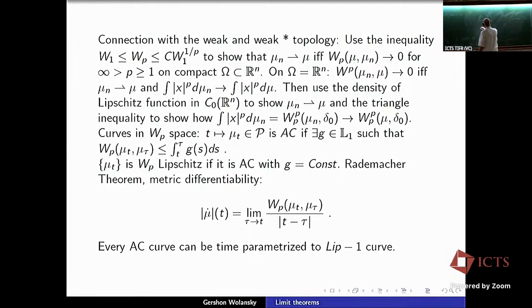Suppose that the density is constant all the time. Maybe something is moving, but we don't see it because the density is constant. So we'll say, well, if we don't know anything else, velocity is 0. But suppose it's not precisely constant, there is some small ripple here, and this small ripple moves with velocity v. What will be the velocity of this distribution? Will it be v?